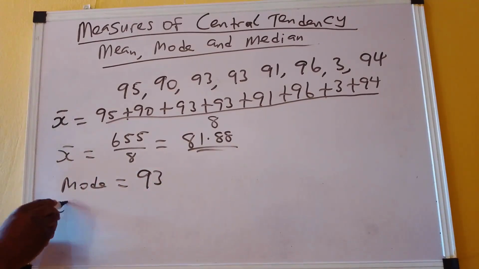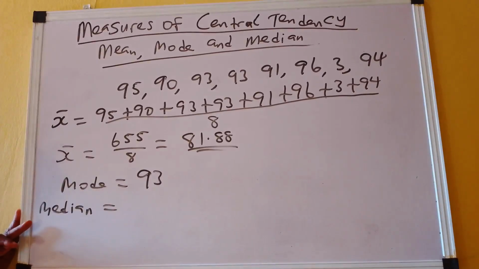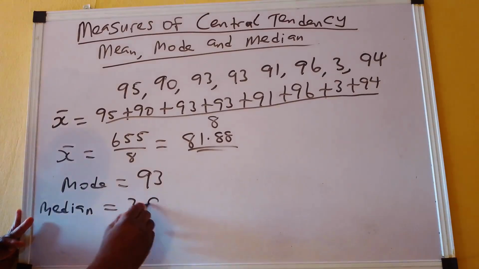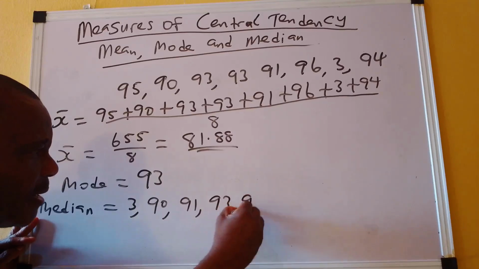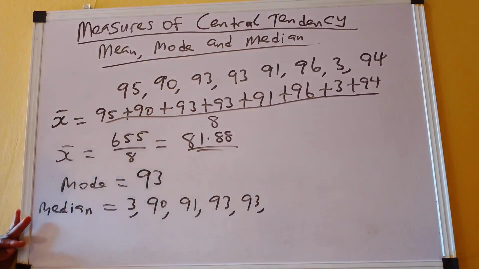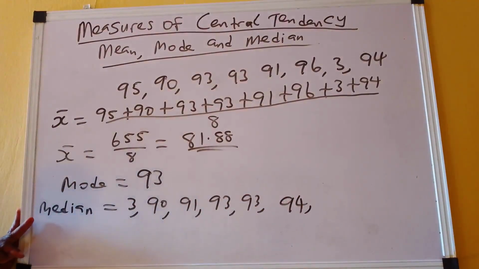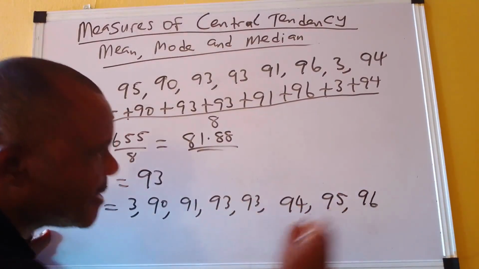Then for the median, we are going to arrange the data in an increasing manner or a descending manner. So we start by having 3, 90, 91, 93, 93, 94, 95, and 96.